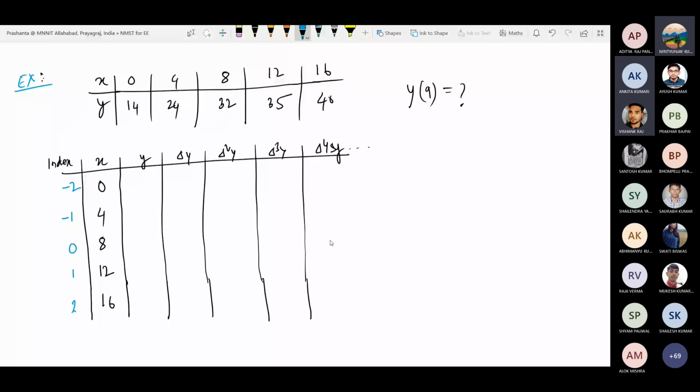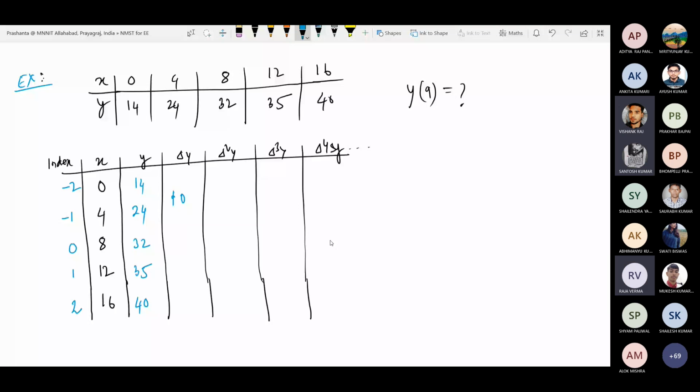Now the y values are 14, 24, 32, 35 and 40. So now you create the forward difference table and complete it. What is the value here? 10. Next 8.